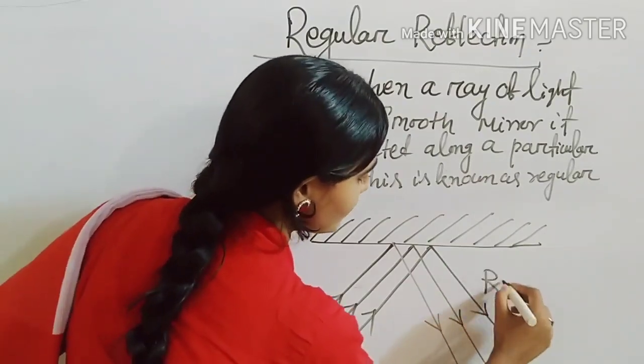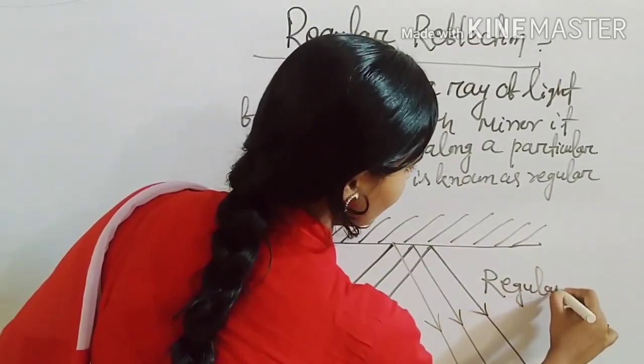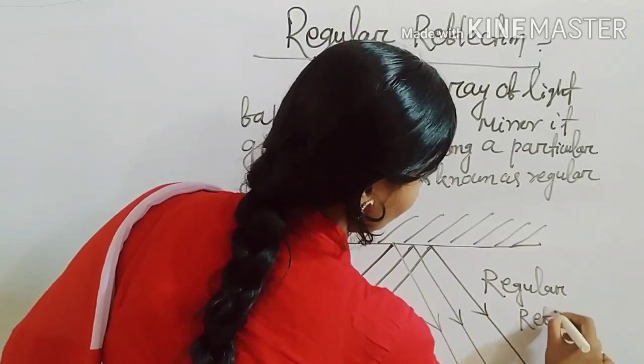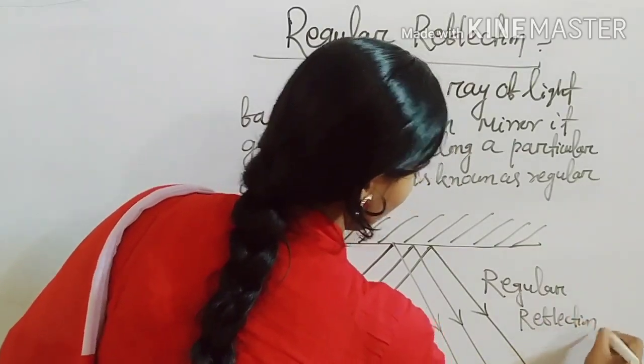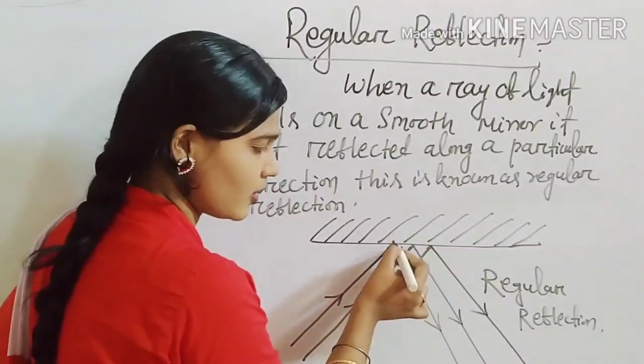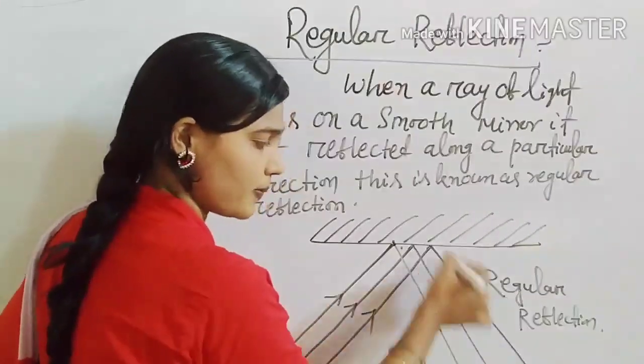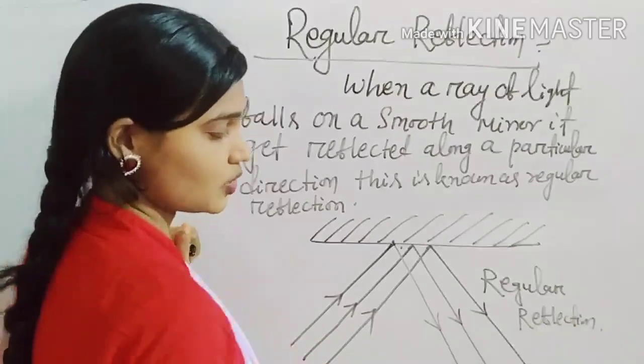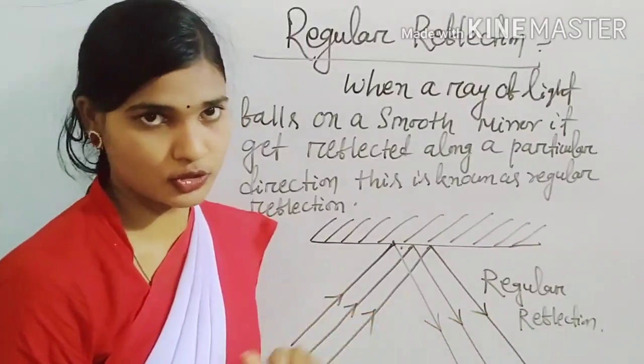This is known as regular reflection. When a ray of light falls on a smooth mirror, plane mirror, it gets reflected along a particular direction. This is known as regular reflection.